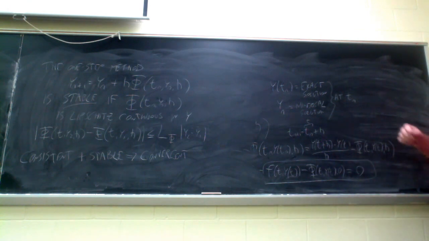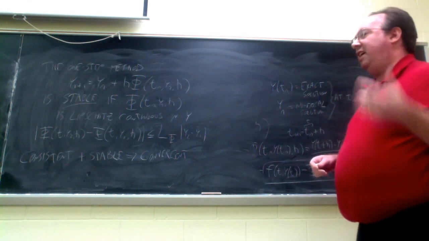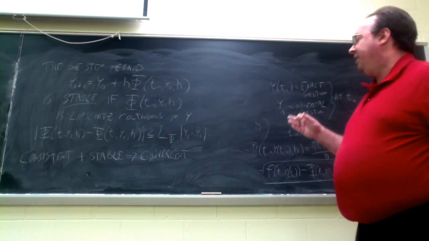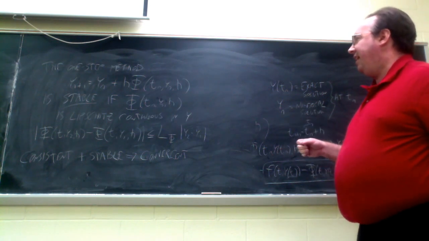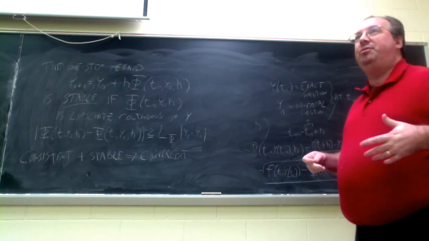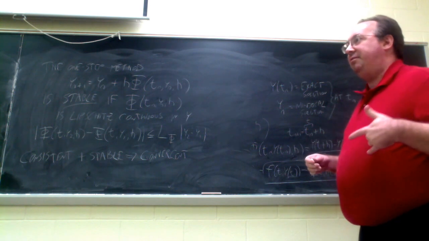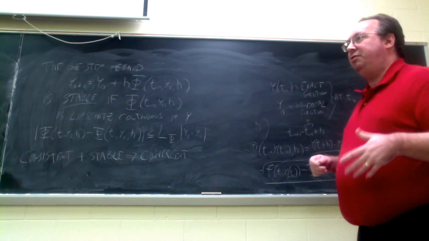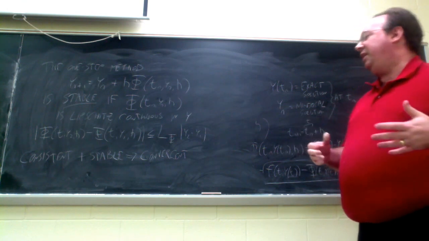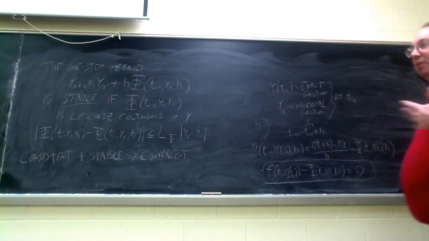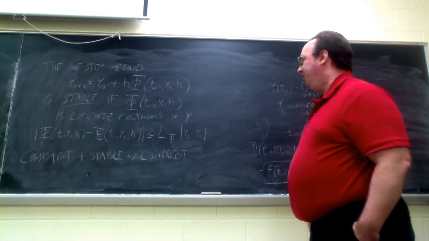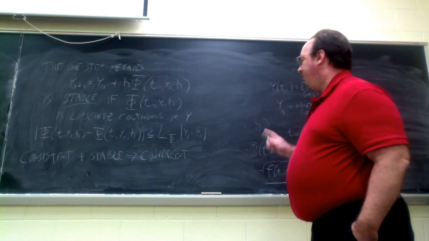So consistent means that the error committed during a single time step goes to 0 as the time step goes to 0. Stable just means that your solutions have the correct qualitative behavior. Like if your solutions are supposed to decay, or maybe have some exponential growth allowed, but again a controlled growth rate, a stable method will honor that. You don't have solutions that blow up to some unreasonable degree. Convergent is what we really care about.